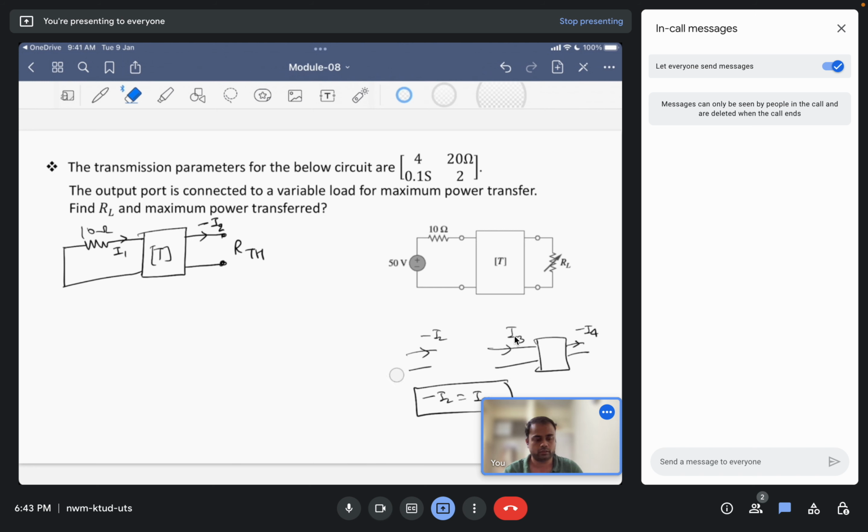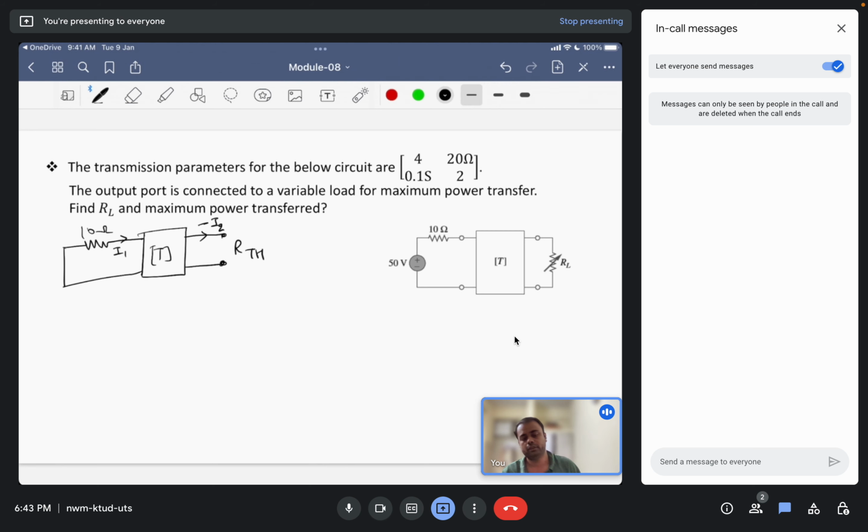Anyway, we'll calculate the Thevenin's resistance for the given node. So this is I1 and the voltage here is plus minus V1. This is I2, and the voltage will be plus minus V2.